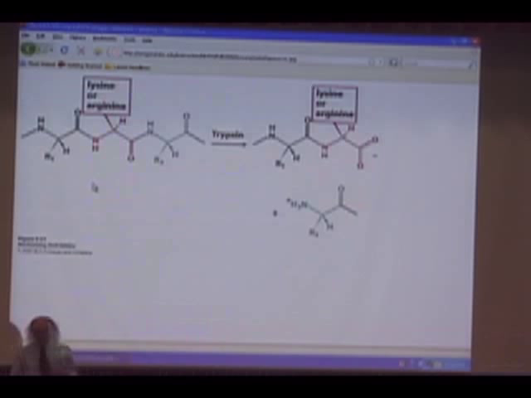Another cleavage agent for breaking proteins, and these are very common, is something known as a protease. A protease is an enzyme. Whenever you hear the letters ASE at the end of a name, it's always an enzyme in biochemistry. A protease is an enzyme that breaks a protein down.